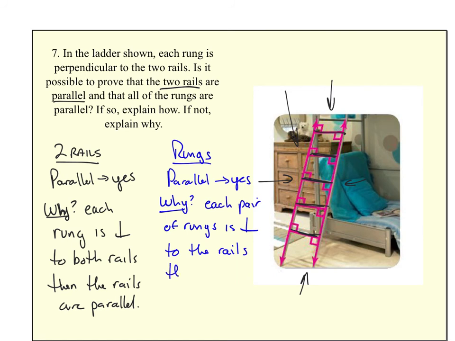Okay, therefore, they are parallel. And I apologize if my handwriting is tough. I'm trying to get through that in a bit of a hurry. So each pair of rungs is perpendicular to the rail. I mean, that's enough to say that they're going to be parallel.